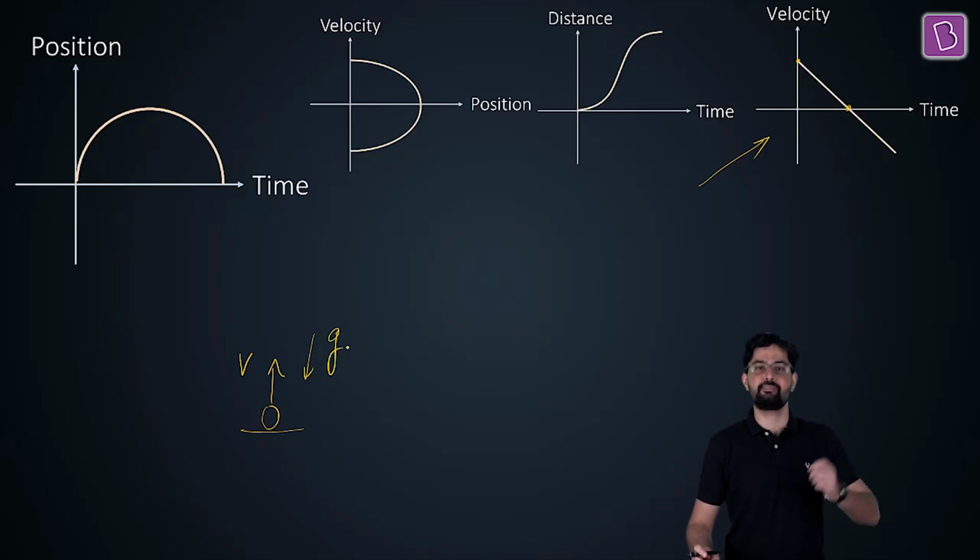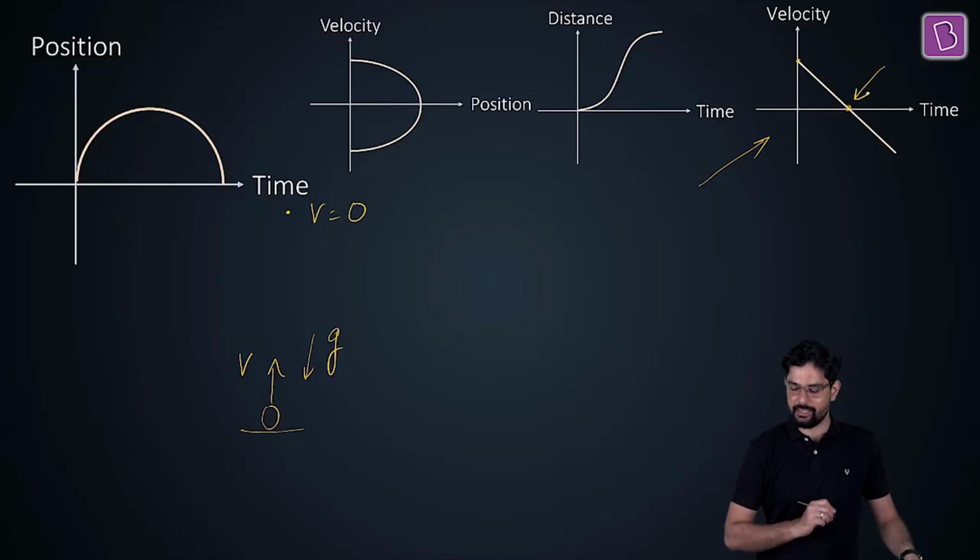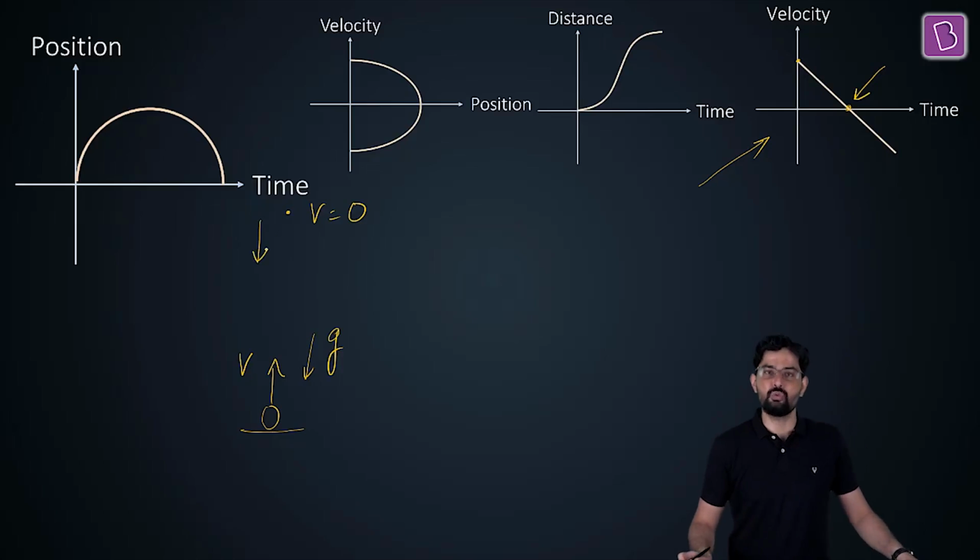So its speed will reduce linearly with time until it reaches the topmost point where its velocity will become zero. And in this curve, it is represented by this point. After that, the particle turns back and moves downwards towards the starting point, right?